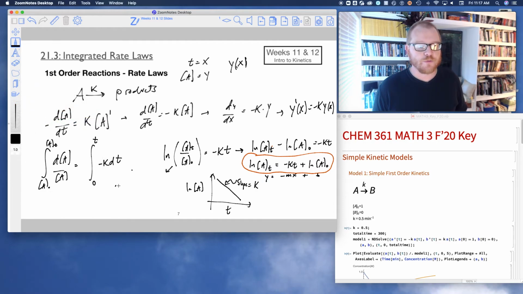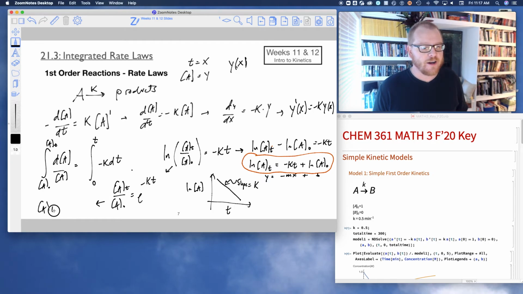And now the form that I like to use more than the linear form. If I take e to both sides, then I simply get A_t over A0 equals e to the negative kt. Okay? And what I really like about this equation here, man, I'm getting sloppy with my work. Sorry, folks.